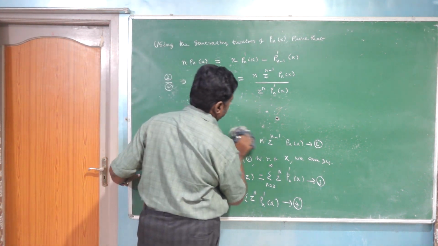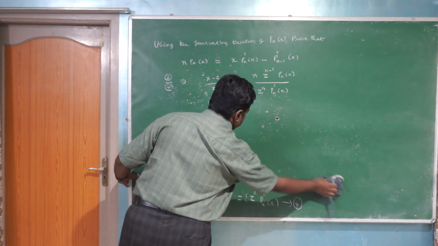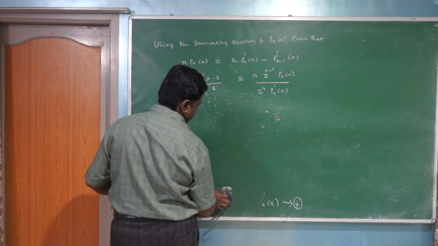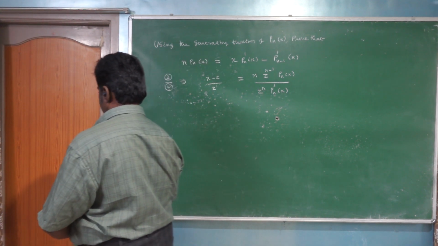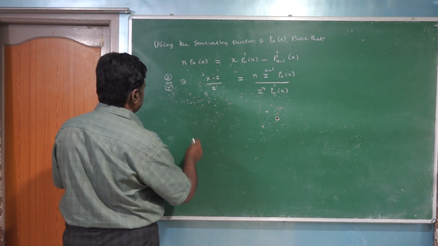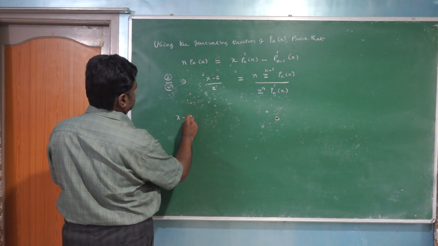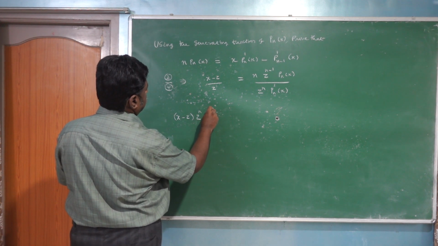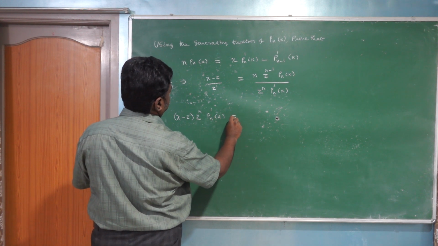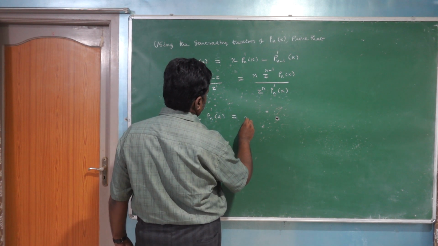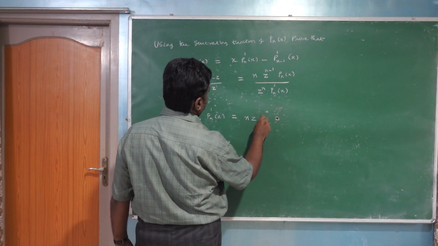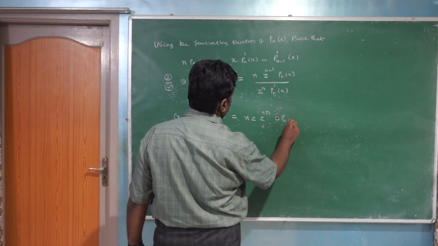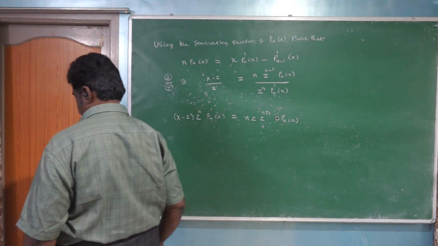Now we have to modify this further. Just by means of cross multiplication we have to simplify this. (x minus z) z power n Pn dash of x is equal to n z into z power n minus 1 into Pn of x.